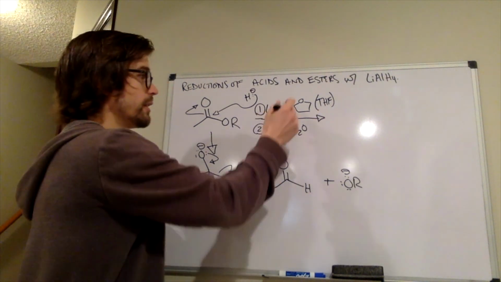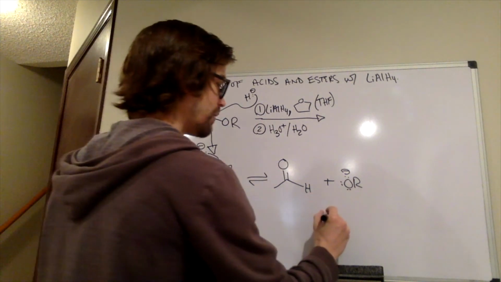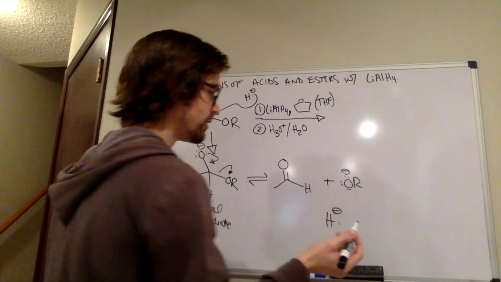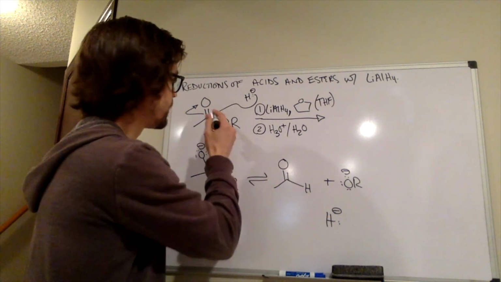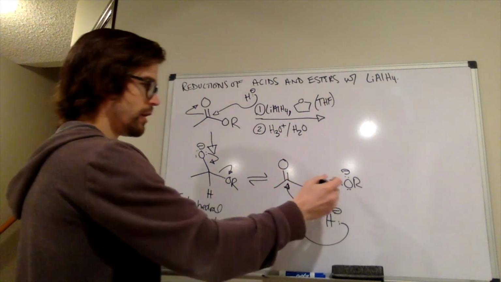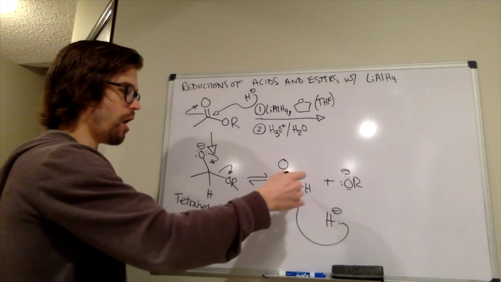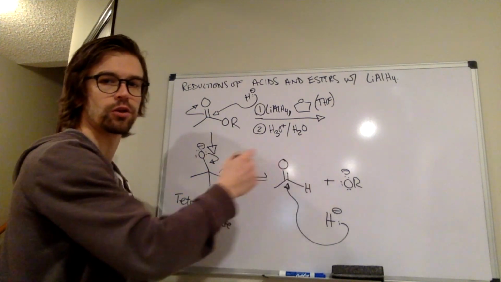Essentially, lithium aluminum hydride has 4 H's on each aluminum, so we have a lot of H minus around. And H minus is going to react with this aldehyde even faster than it would react with the starting material. While if this is intercepted by the OR, it would go back here, but then it's just going to go back because this is an active equilibrium.